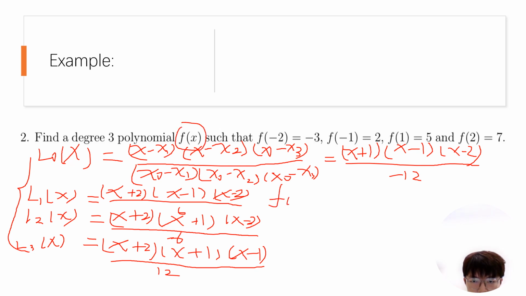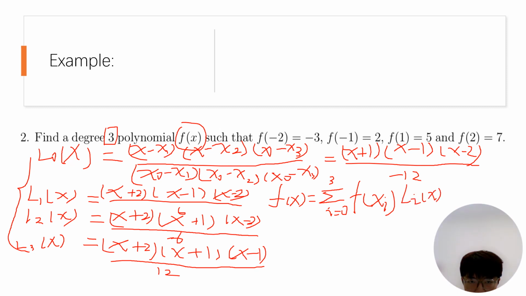So f(x) is this. The degree is 3, so this is the sum for i from 0 to 3 of f(xi) Li(x), and this is the basis. f(minus 2) is minus 3, f(minus 1) is 2, f(1) is 5, and f(2) is 7.